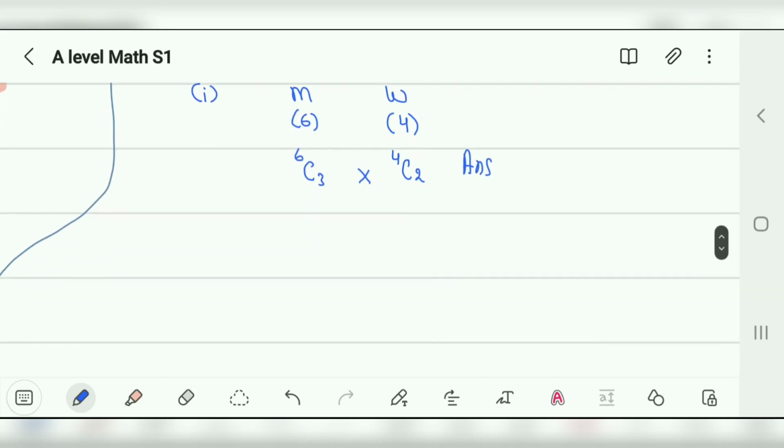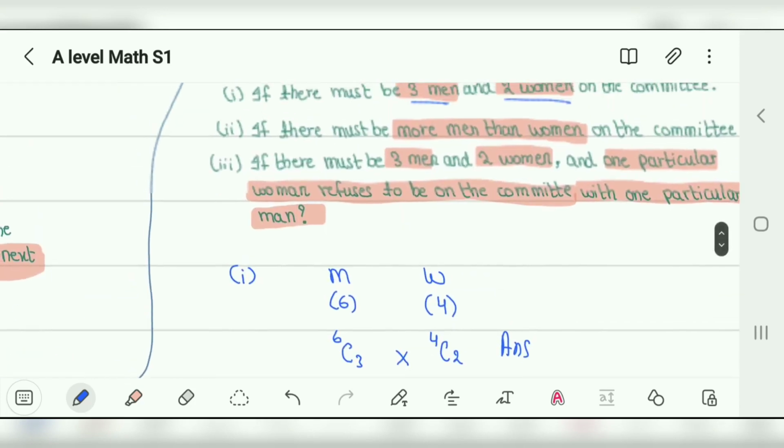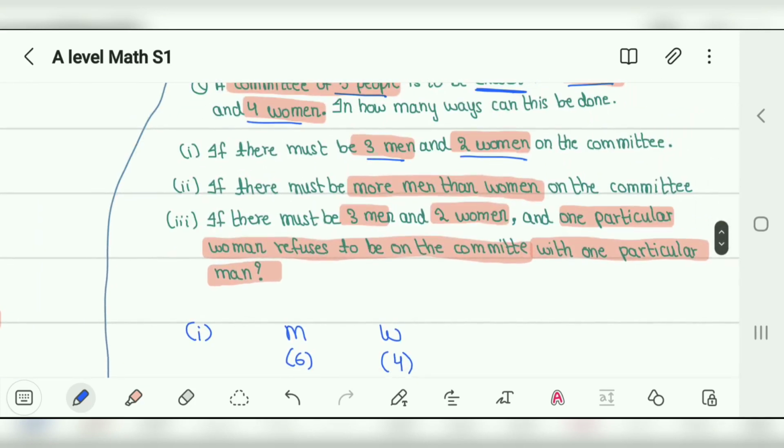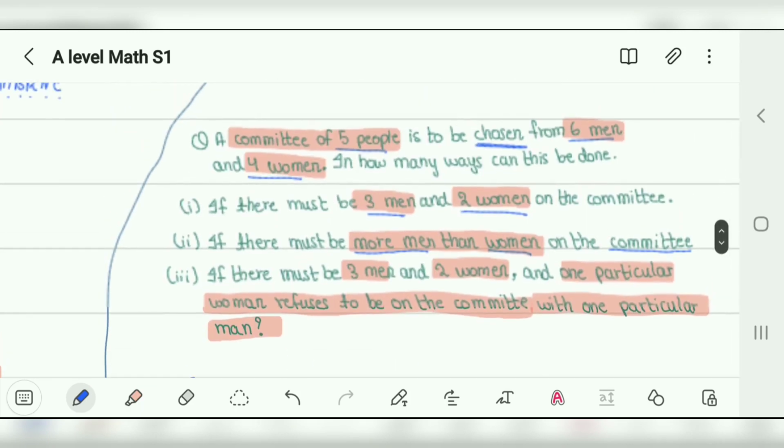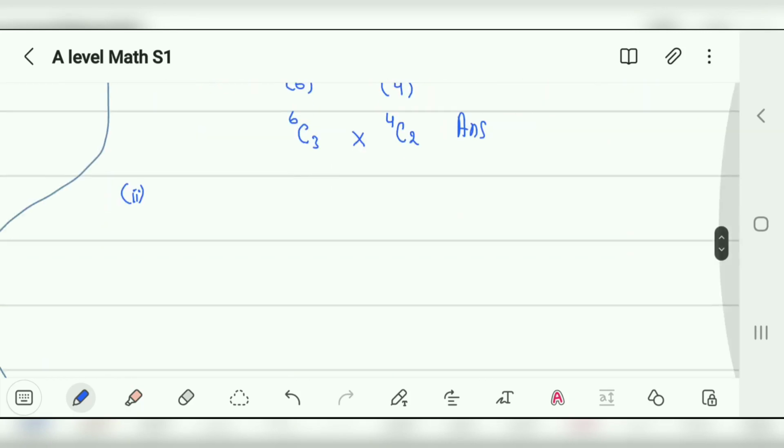Okay, now the next part, 2. If there must be more men than women on the committee. Okay, more men than women on the committee, and we need to choose 5 people. If there must be more men than women on the committee.